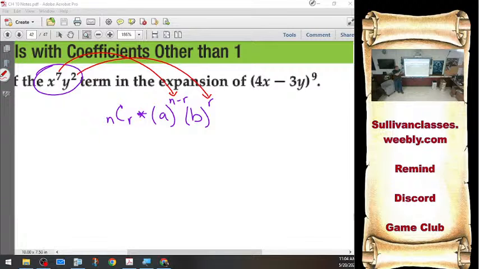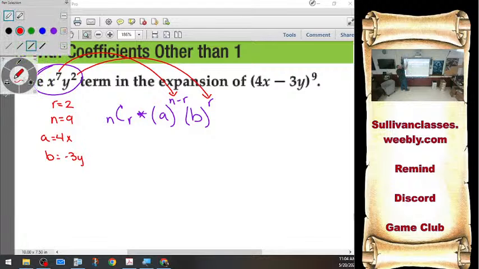Because x to the thing is going to make x to the 7th. y to the thing is going to make y squared. So they're just straight up telling me that r is 2. What else do I know? 9th expansion of a thing. So I know n is 9. And I know my a and b term. a is 4x. b is negative 3y.